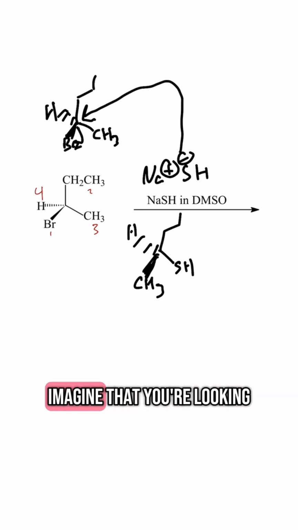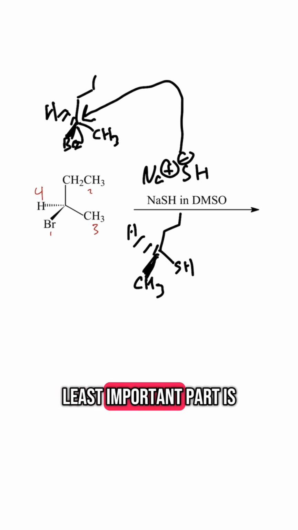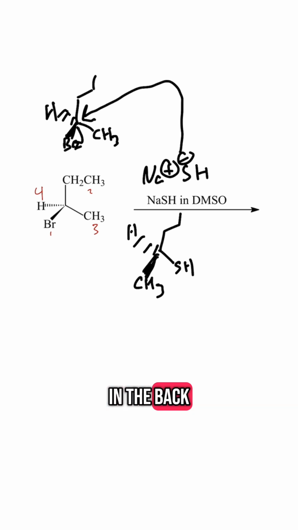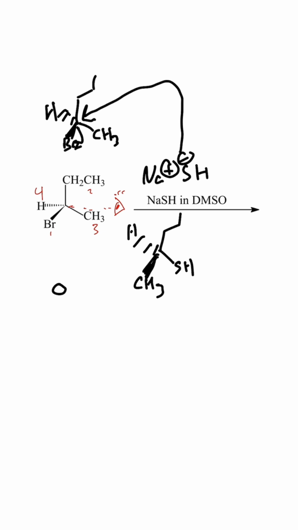Then you want to imagine that you're looking through it. So this is where it's good to have a model kit, especially if you're not good at imagining this in your head and visualizing it, where you're viewing it where the least important part is in the back. So you're kind of viewing it like this. This is where Newman projections are a big help for a lot of people. So we draw it. So this is our central carbon. And do it like this.